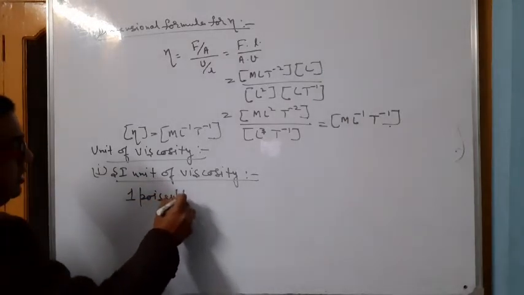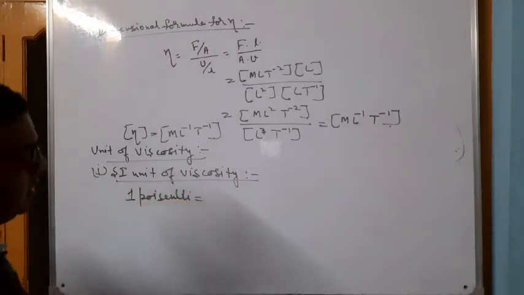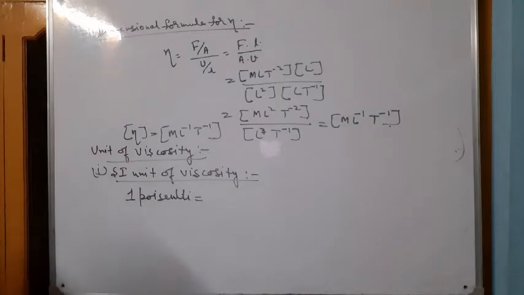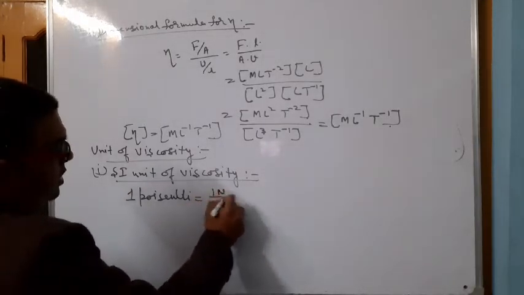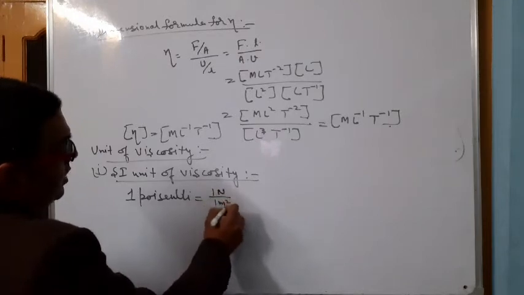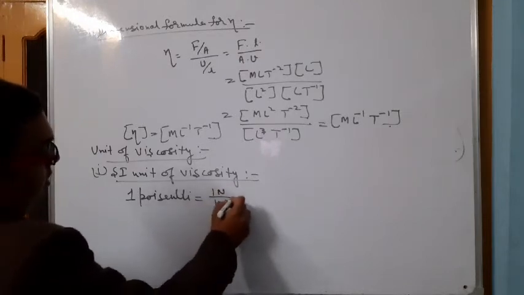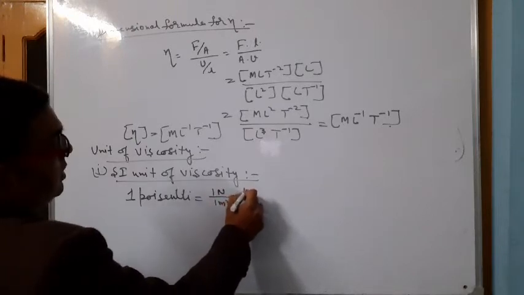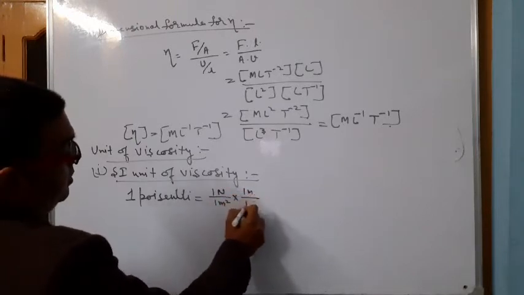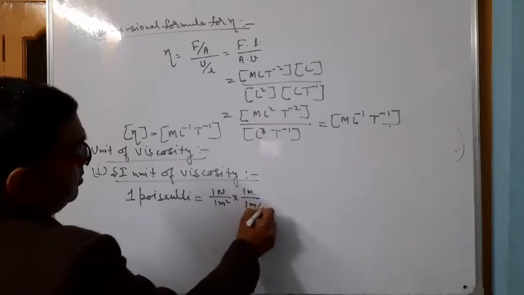One Poiseuille can be written as 1 Newton upon 1 meter square into 1 meter into 1 meter per second.